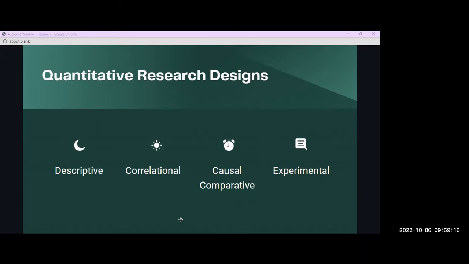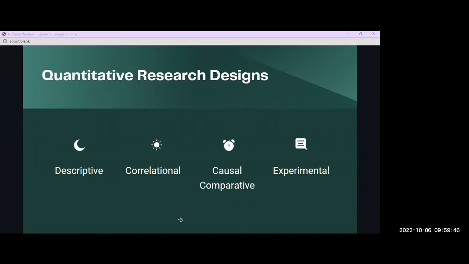It is somewhat related to a true experimental design, but they have some differences because in a causal comparative or quasi-experimental design, the independent variable is not manipulated by the experimenter, and the effect of that independent variable on the dependent variable is measured.